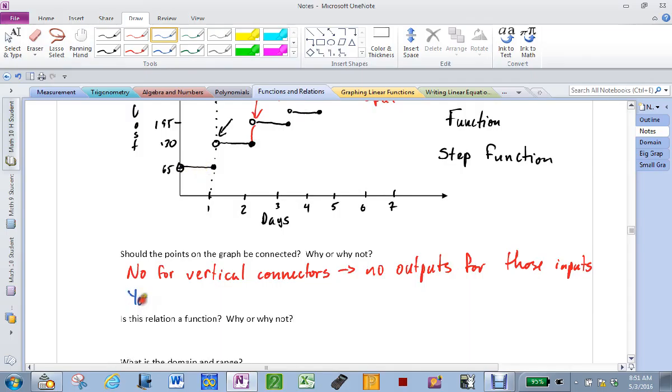Why? Because time keeps moving. It is always measurable. We may not have a name for it, right?